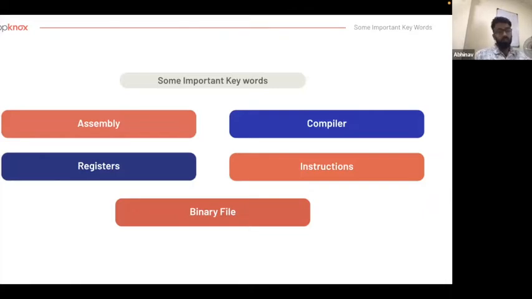When we write a C program or a Java program, the code that we write is not what is executed by our systems or by our computers. It gets converted to binary data because that is what the processor understands, and that binary data is executed. Representing that binary data in human readable format is assembly.